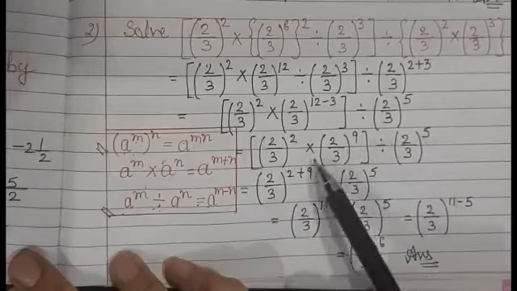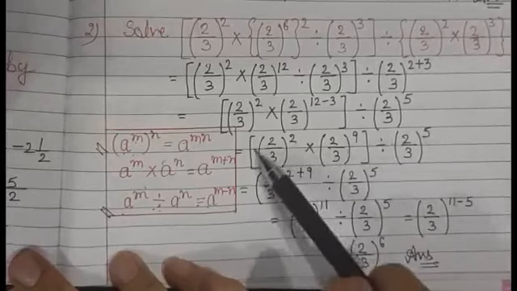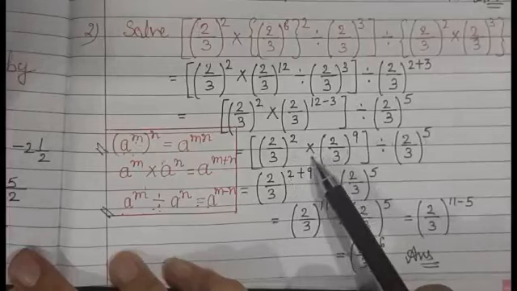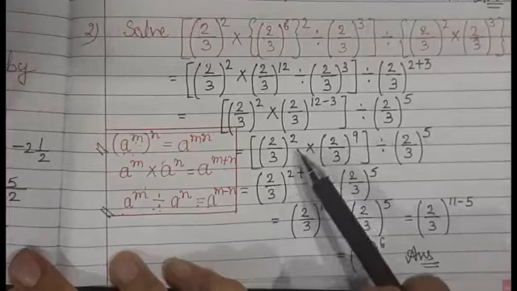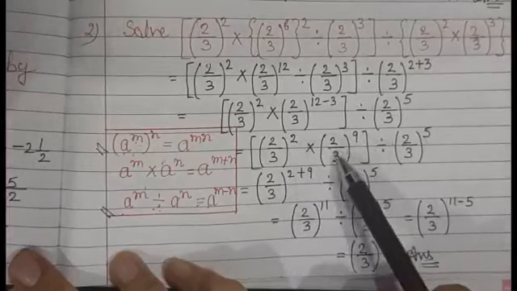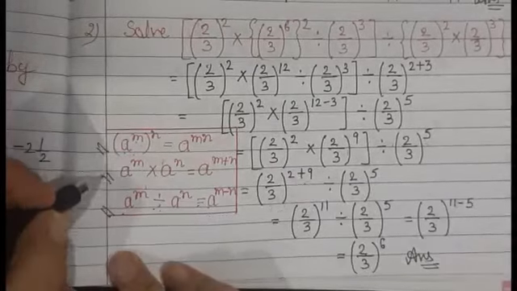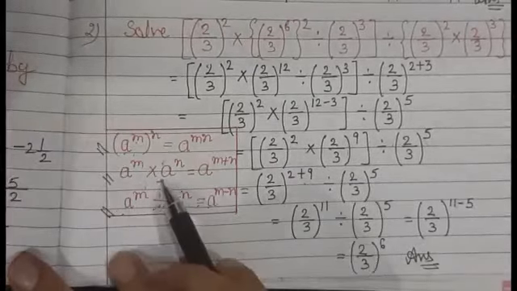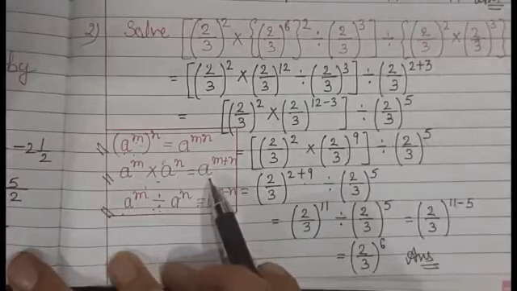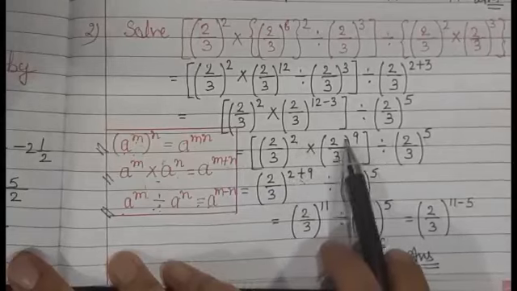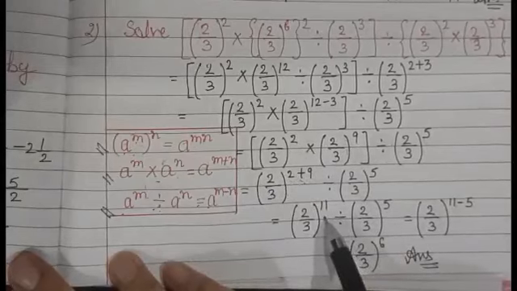Now again, according to BODMAS, first we have to solve brackets. So this we have to multiply. Again, for multiplication, bases are same, powers are different, so in that case we have to add the powers. According to that law, a to the power m into a to the power n will be a to the power m plus n. We have to add the powers. 2 plus 9 becomes 11.